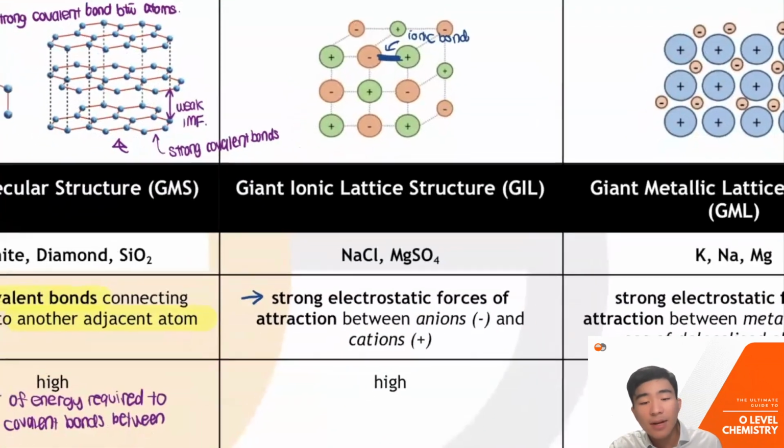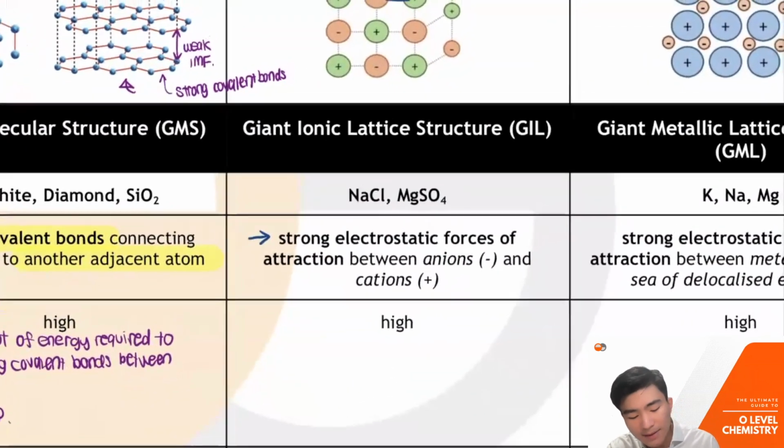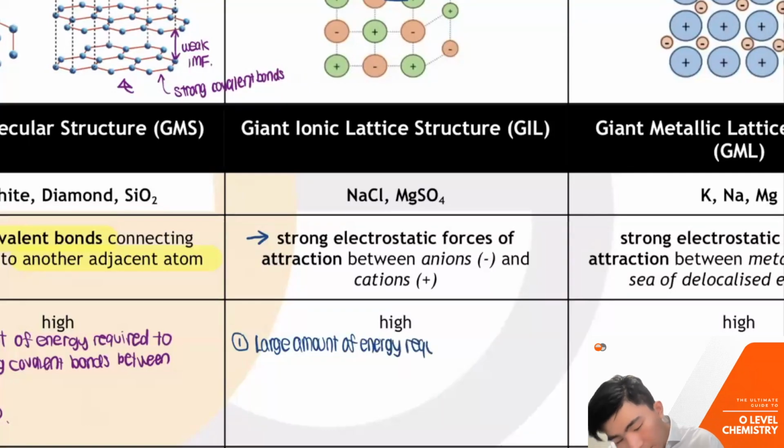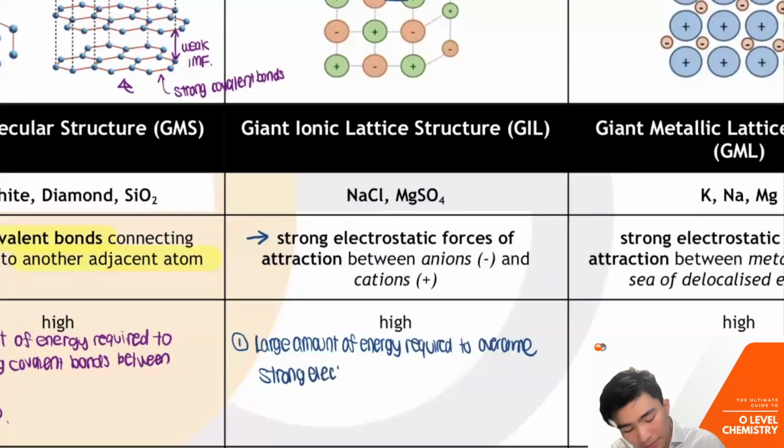Now, high melting and boiling points is because of what? The answer is as such: a large amount of energy is required to overcome the strong electrostatic force of attraction.